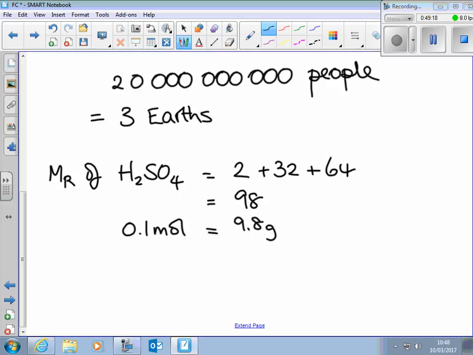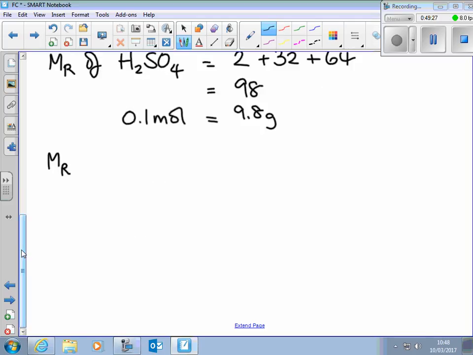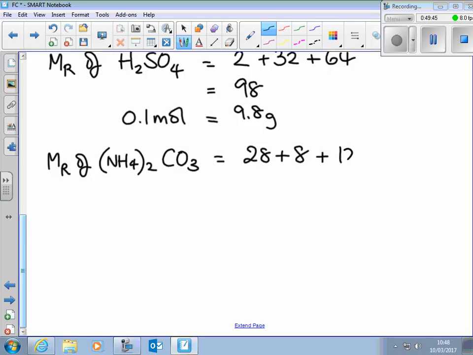So where's the next one? 1 nitrogen, 8 hydrogen, 1 carbon, and 3 oxygen. Okay, the next one then. I would choose awkward ones, wouldn't I? We have 2 nitrogens, so that's 28. 8 hydrogens, we'll call that 8. The carbon, which is 12, and 3 oxygens is 48.